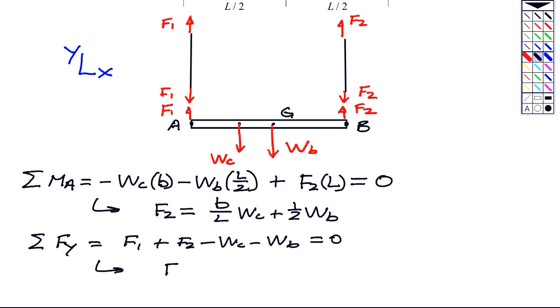So from this, I get that the load that's carried by member 1 is going to be equal to WC plus WB minus F2, which is minus B over L WC minus 1/2 WB.